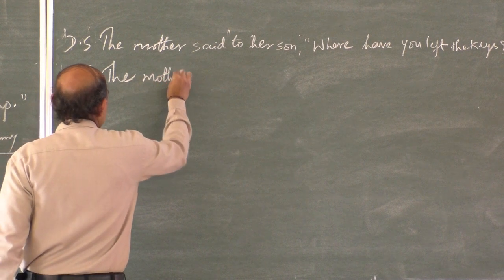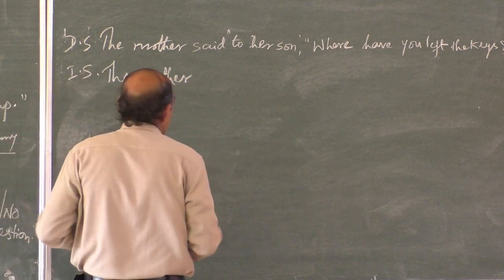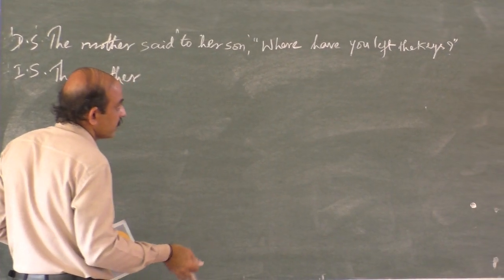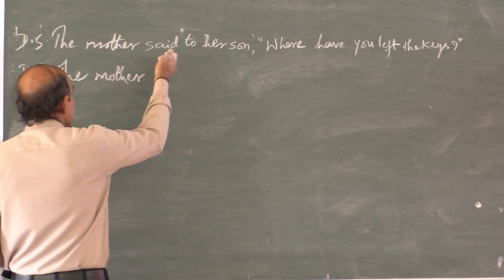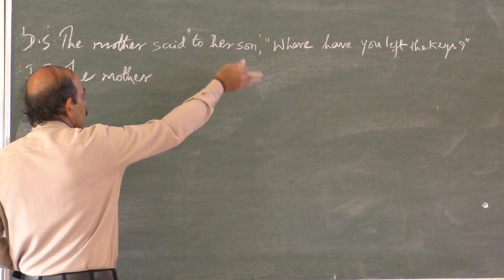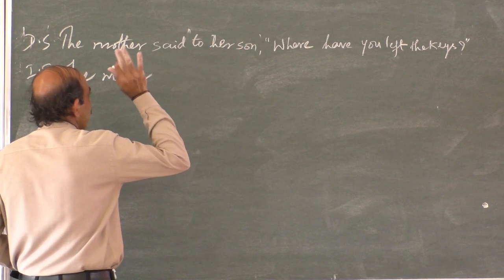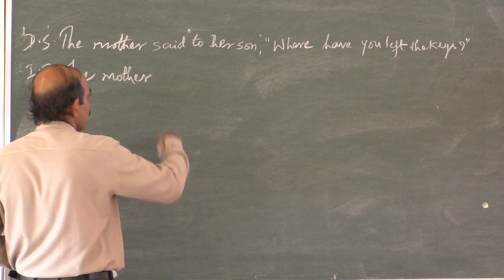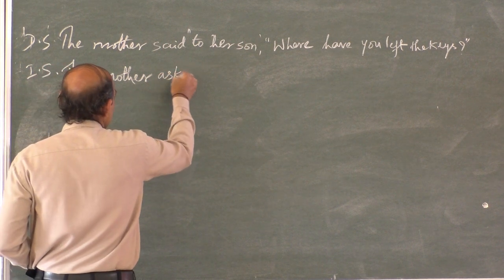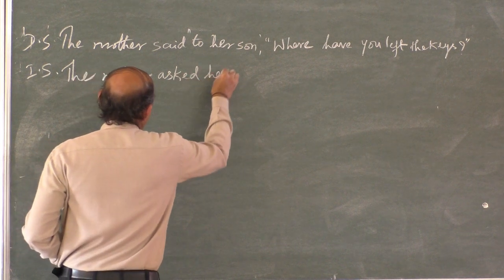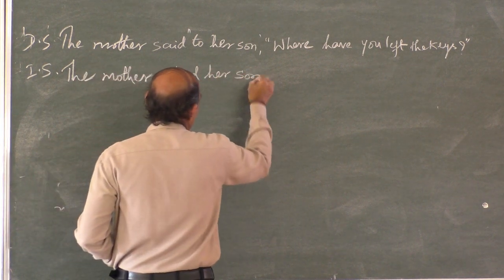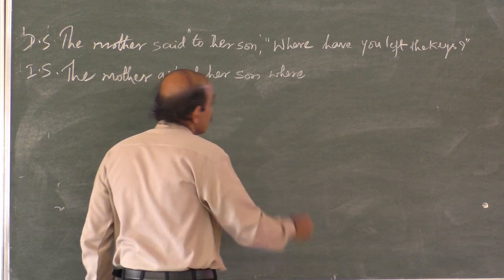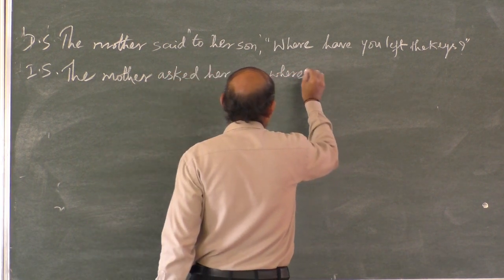The mother said to her son, where have you left the keys? So actually it is a question. Here the direct speech, the speaker's words have been directly written there. But when we put it in reported speech: the mother asked her son where, this functions as conjunction, and of course the question is also available.